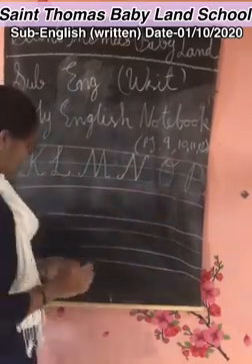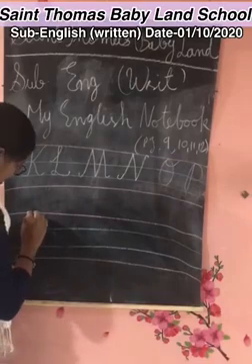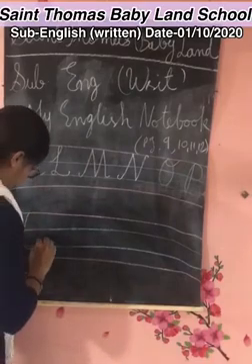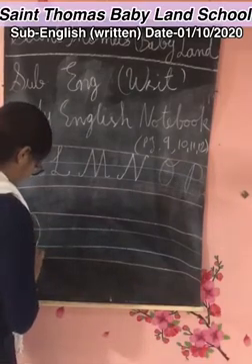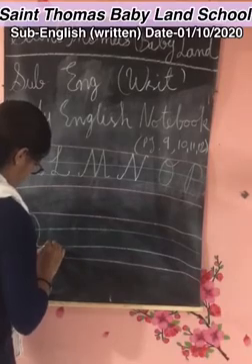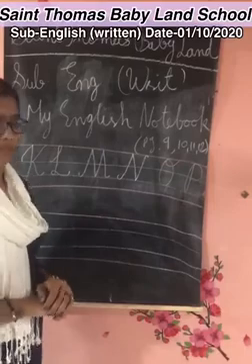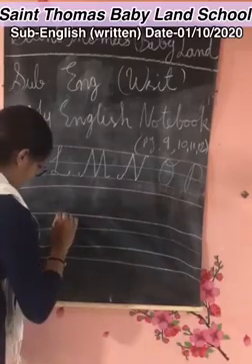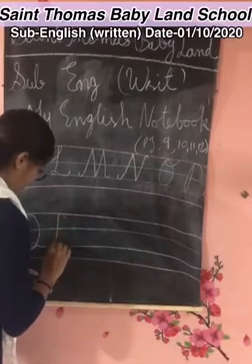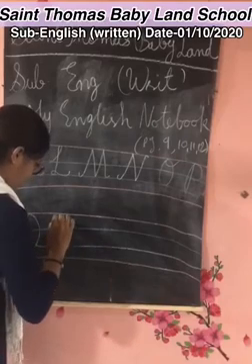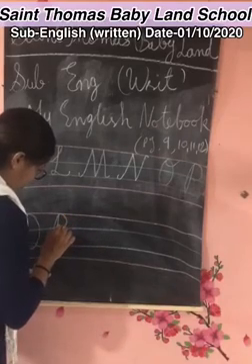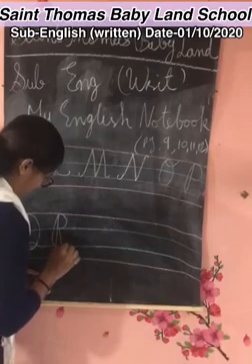Q for queen. So write here circle, then turn. Q for queen. Then R for rabbit. Come down, turn, and come down and curve.